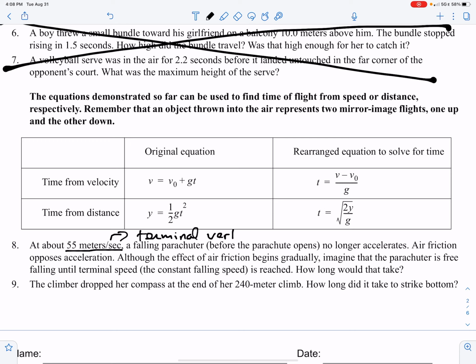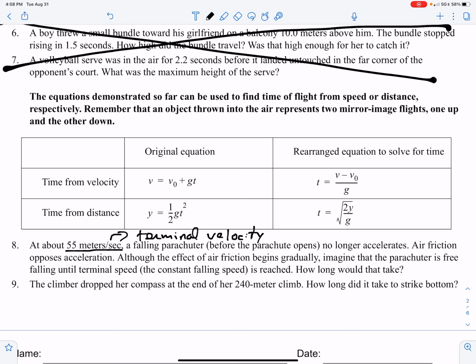If you were to convert that to miles per hour, that's approximately 120 miles per hour. So what that means is gravity will accelerate a person jumping out of an airplane until that person reaches about 120 miles per hour or 55 meters per second. At that point, the person will continue falling at that constant rate of 55 meters per second, the remaining part of the fall, until the parachute opens.